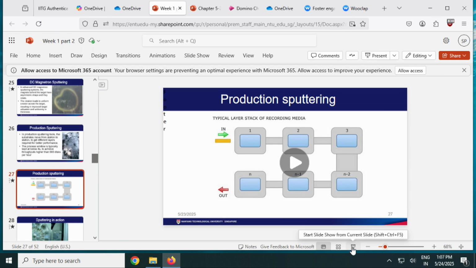For example, I told you that there may be like 24 chambers. In a disk sputtering system, you have many chambers, 1, 2, 3, all the way to 24. So the disk will go in and come out like this. Let me play the video.